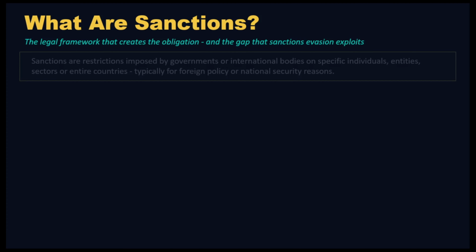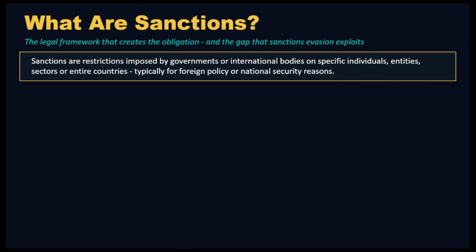Sanctions are restrictions imposed by governments or international bodies on specific individuals, entities, sectors, such as the energy sector or any risky sector, or entire countries. They are a tool for foreign policy and national security, and they create binding legal obligations on financial institutions.